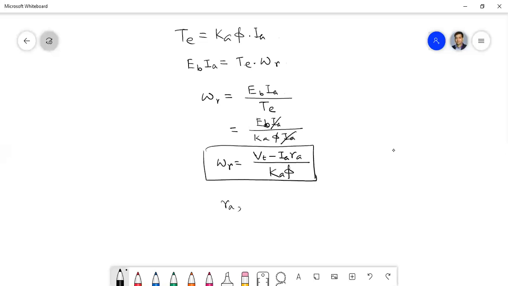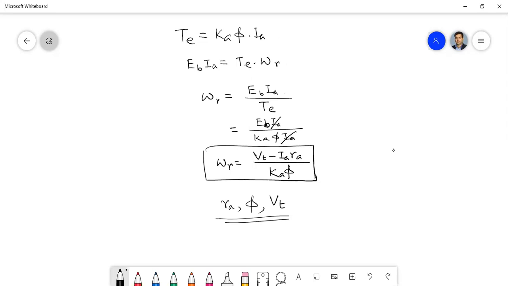Ra we can change, phi we can change. K we cannot change, K is a constant, and IA is a dependent quantity; independently, IA we cannot change. But Vt also we can change, the supply voltage we can change.